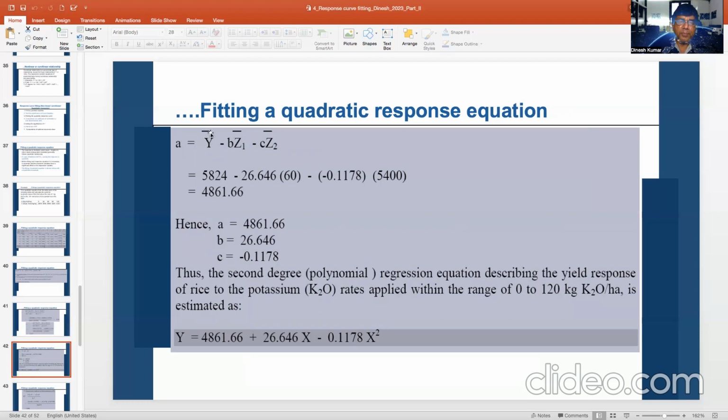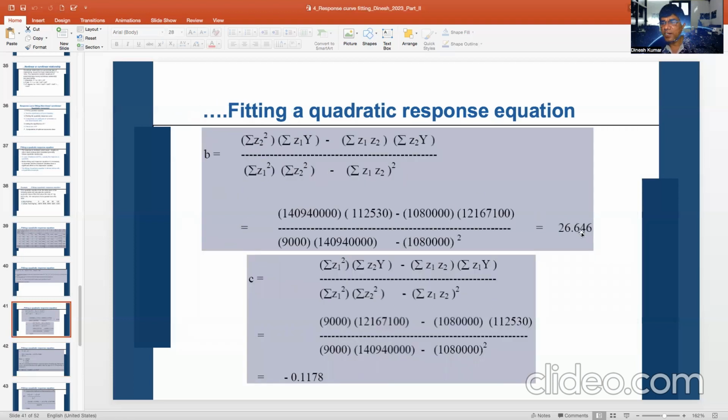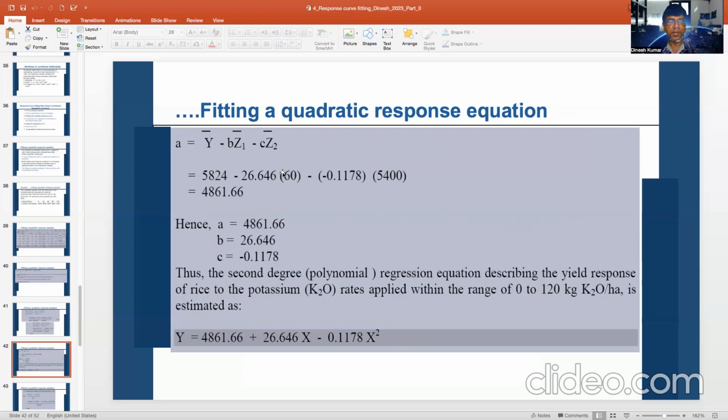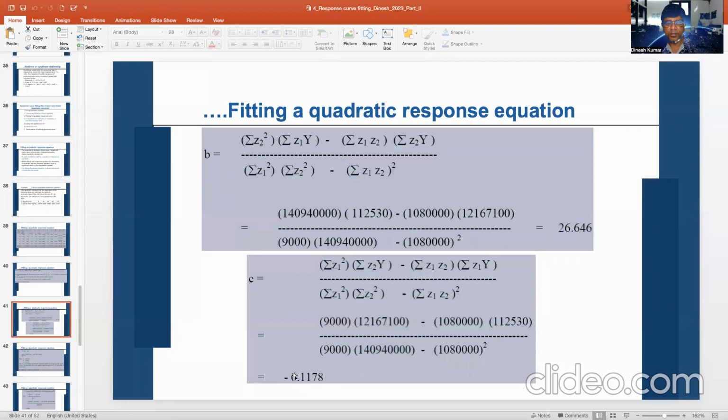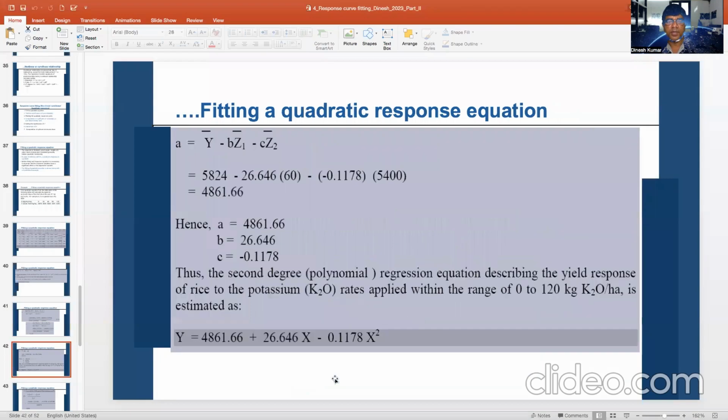So Y bar, the mean of Y, was 5824 minus the value of B you computed, 26.646. This is the value of B. And Z1 bar, the mean of X or Z1, was 60, minus within brackets the value of C, which is minus 0.1178.